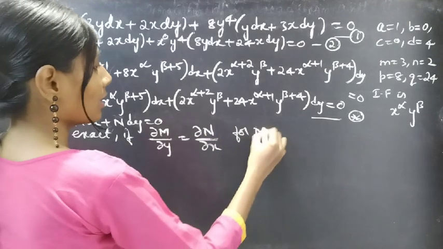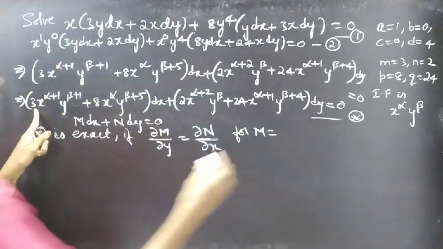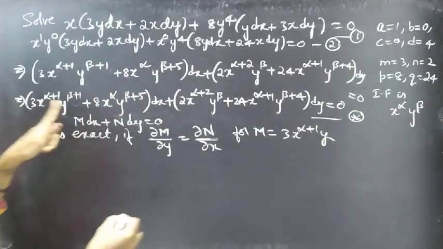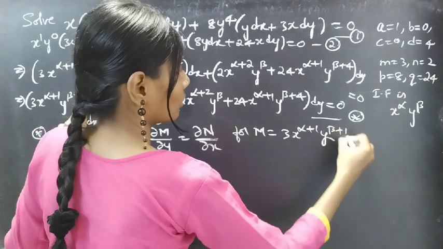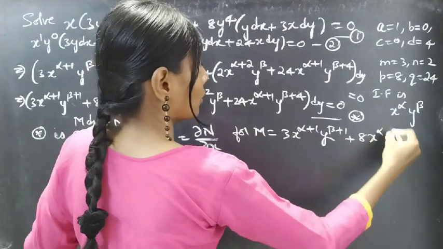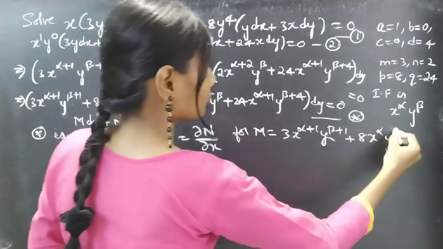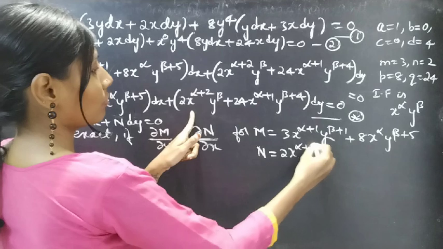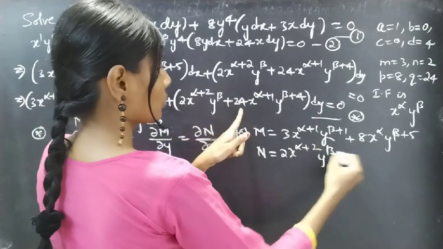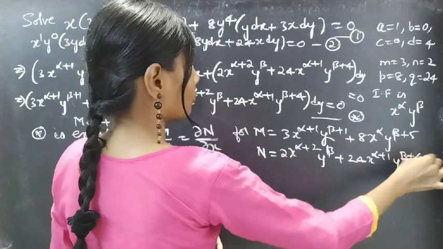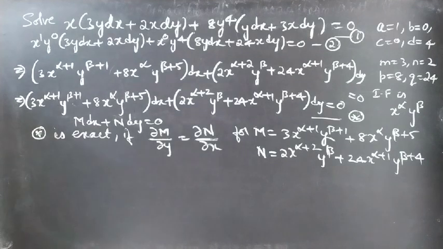For M equal to 3x^(α+1) y^(β+1) plus 8x^α y^(β+5), and for N equal to 2x^(α+2) y^β plus 24x^(α+1) y^(β+4), right?